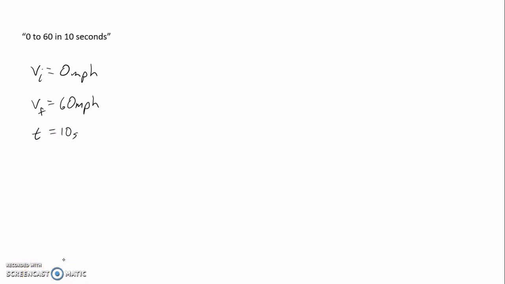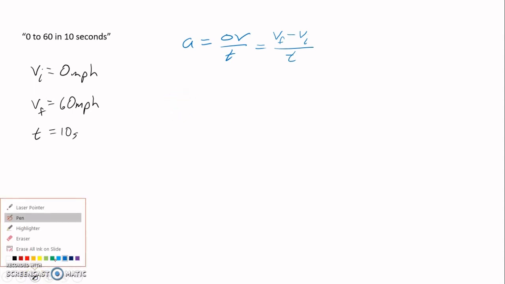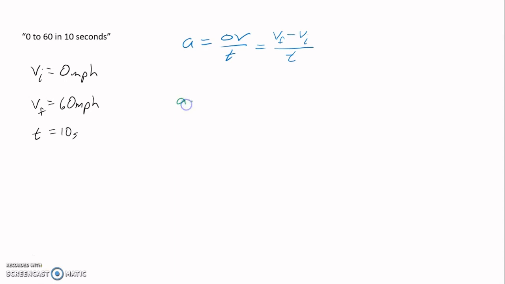Okay. Now, how do we calculate acceleration? Recall that acceleration is nothing more than the change in velocity over time, and change in, as before, indicates final minus initial. So our acceleration then is going to be the final 60 miles per hour minus the initial 0 miles per hour divided by the time, 10 seconds.